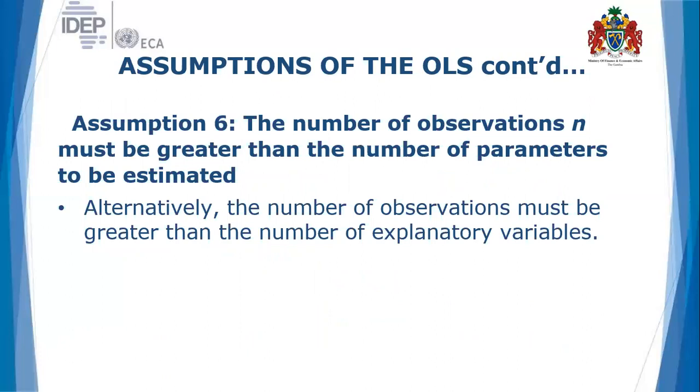Assumption number 6, the number of observations n must be greater than the number of parameters to be estimated. Put differently, the number of observations must be greater than the number of explanatory variables.